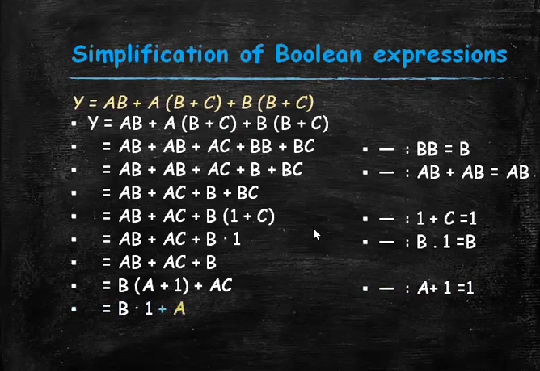Then we get B·1 + AC. B·1 must be equal to B. Then it is equal to B + AC. The result is simplified as Y = B + AC.